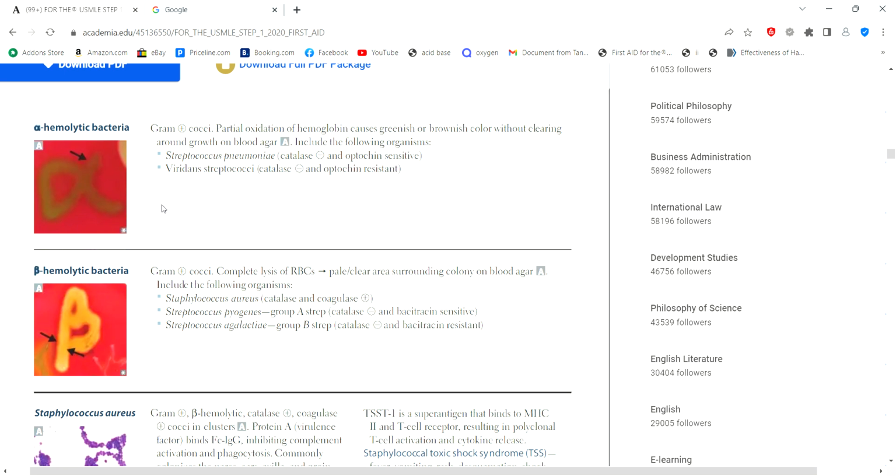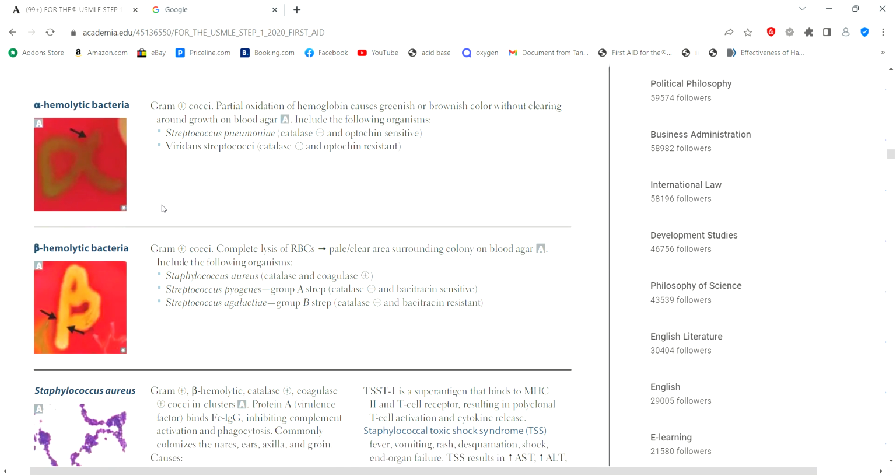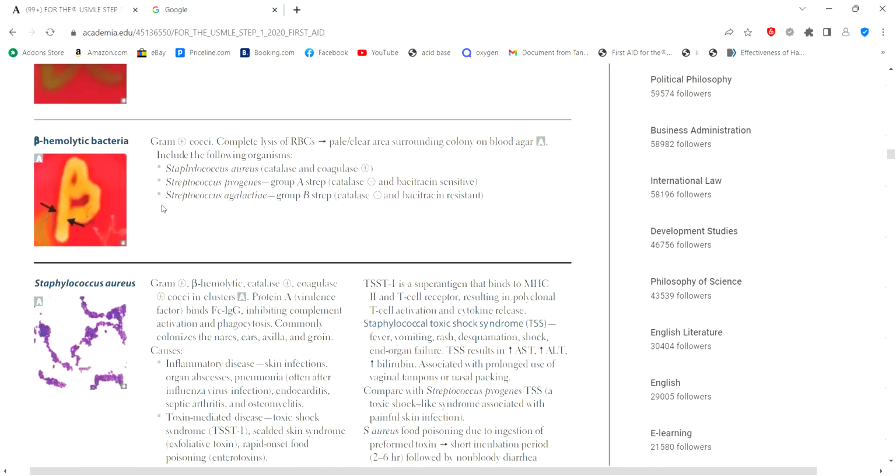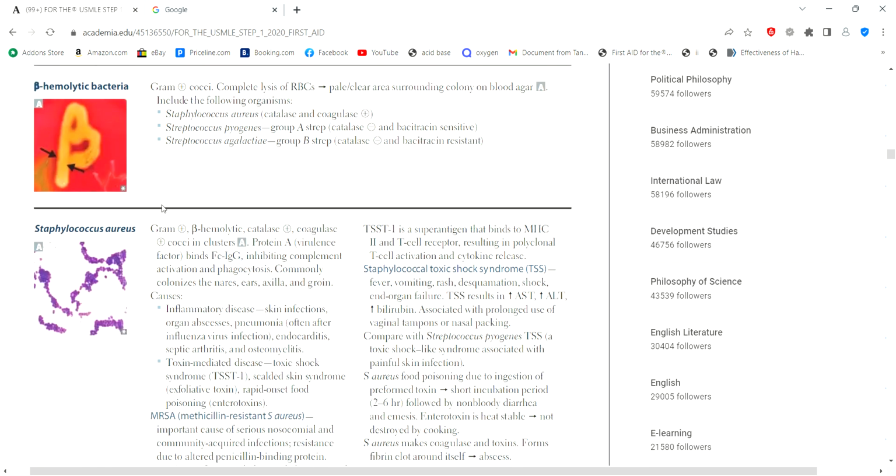So some live, some don't. That part of this one is a little tricky for me, but basically all you have to know is that Streptococcus pneumoniae and virulent streptococci, they're both alpha hemolytic, and this is partial hemolysis. Beta hemolytic is complete hemolysis.